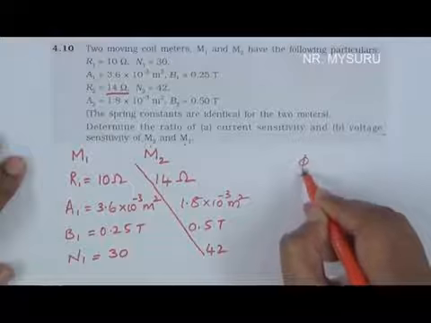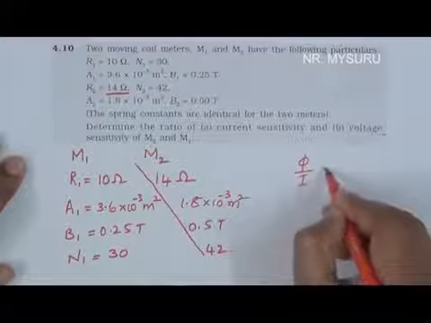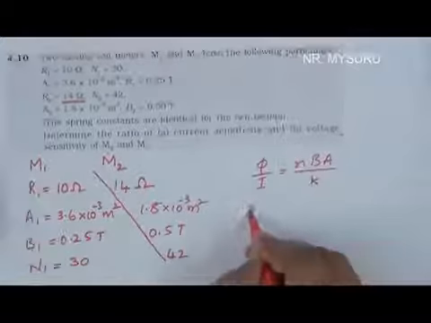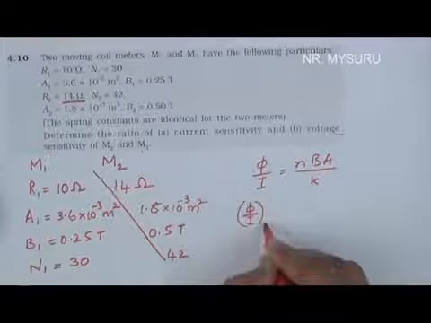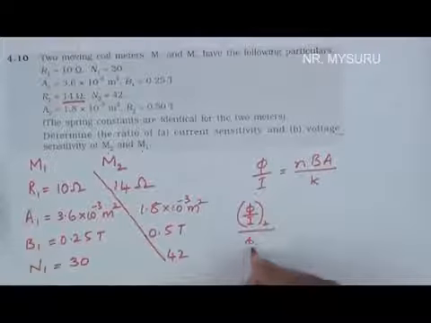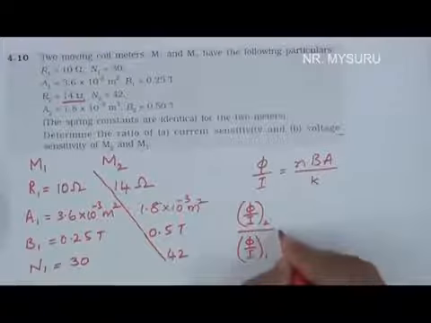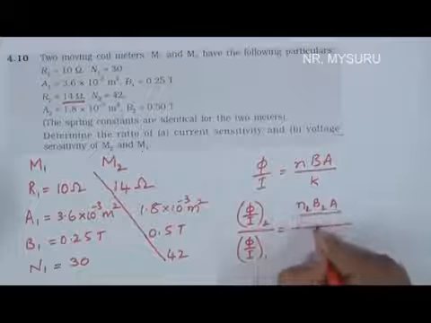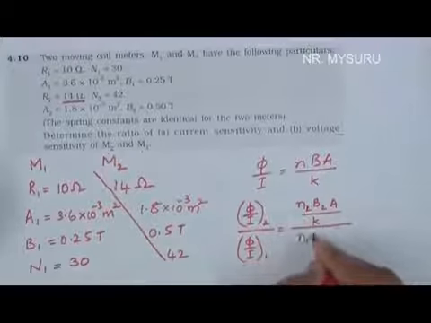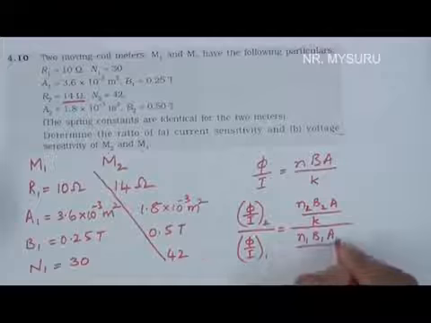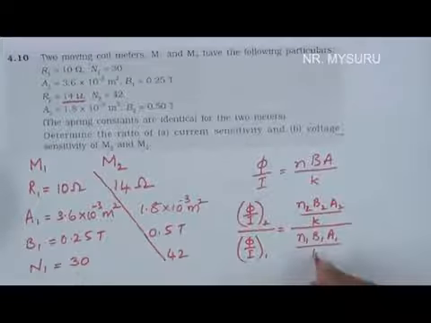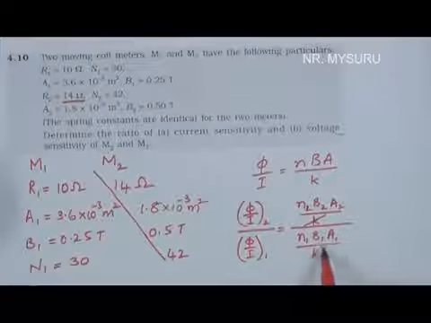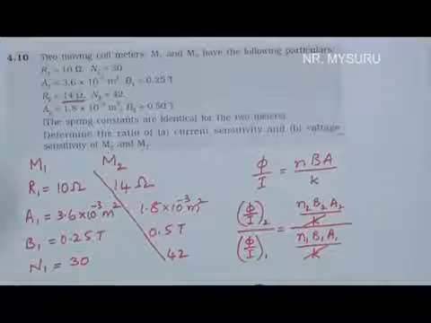Current sensitivity is given by φ by I, which is NBA by K. So φ by I of the second coil by φ by I of the first coil equals N2 B2 A2 by K over N1 B1 A1 by K. The spring constants are the same, therefore K cancels.